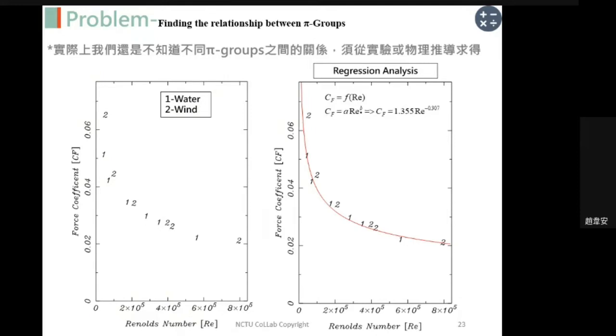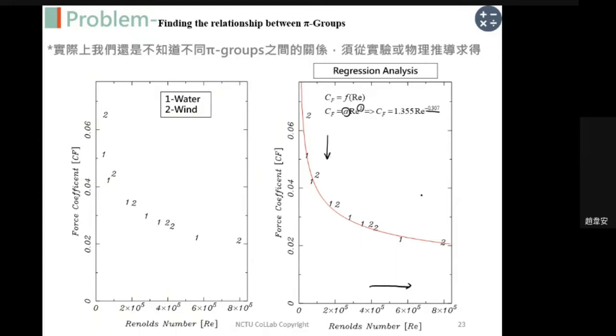Finally, we find that the coefficient B here is minus 0.307, and the constant A is 1.355. So we can see that as the Reynolds number increases, the drag force coefficient decreases a lot.